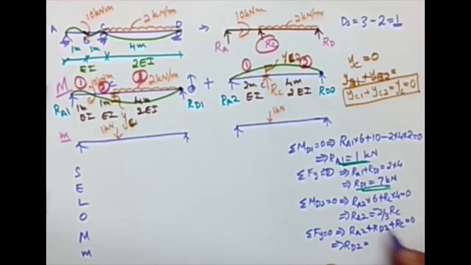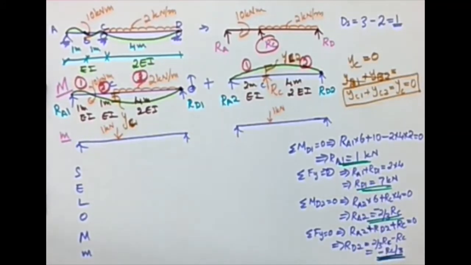So when I take it to the right, what I'm going to get is 2 by 3 RC minus RC. So it is basically 2/3 minus 1. What I'm going to get is minus RC by 3. So I have the values of RA2 and RD2, RA1 and RD1.